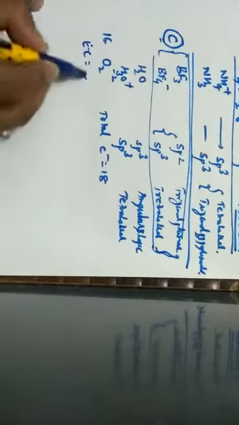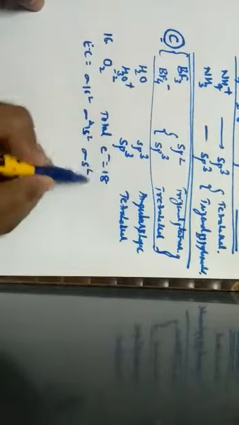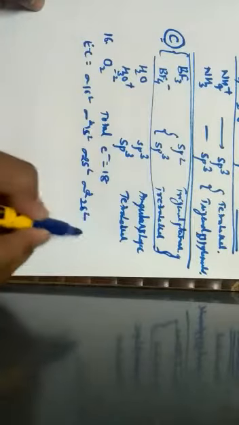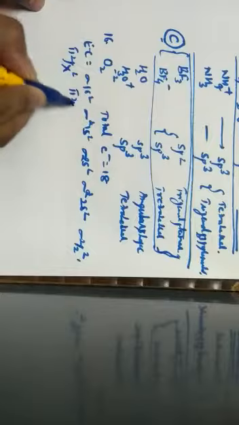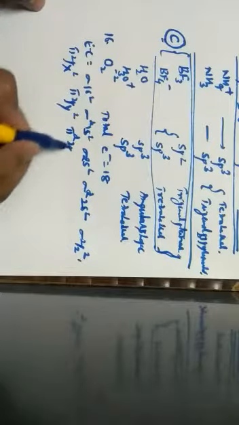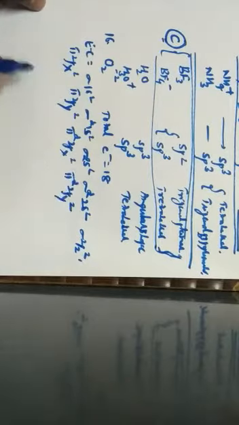When I write the electronic configuration of this, it is written as sigma 1s2, sigma star 1s2, sigma 2s2, sigma star 2s2, sigma 2pz2, pi 2px2, pi 2py2, and pi star 2px2 and pi star 2py2.